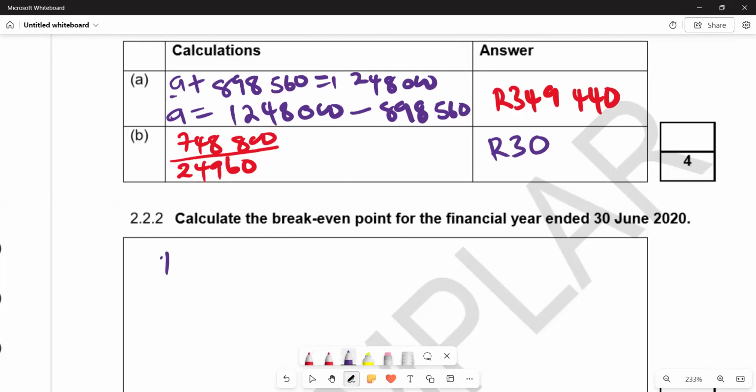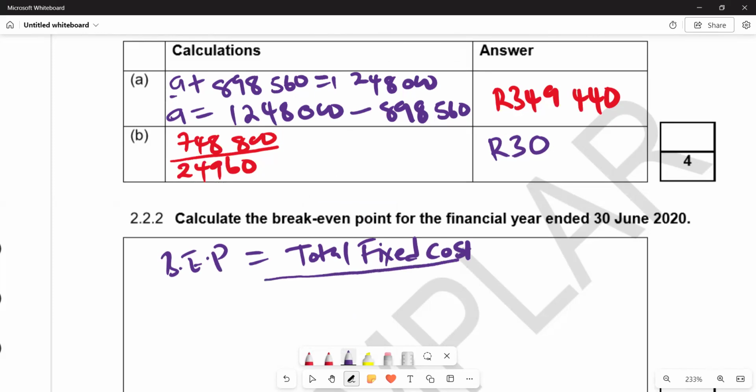Remember, to find break-even point, we say total fixed costs divided by the selling price per unit minus the variable costs per unit. First of all, we have to find the selling price per unit and the variable cost per unit so that we can find the denominator, and then we can divide.